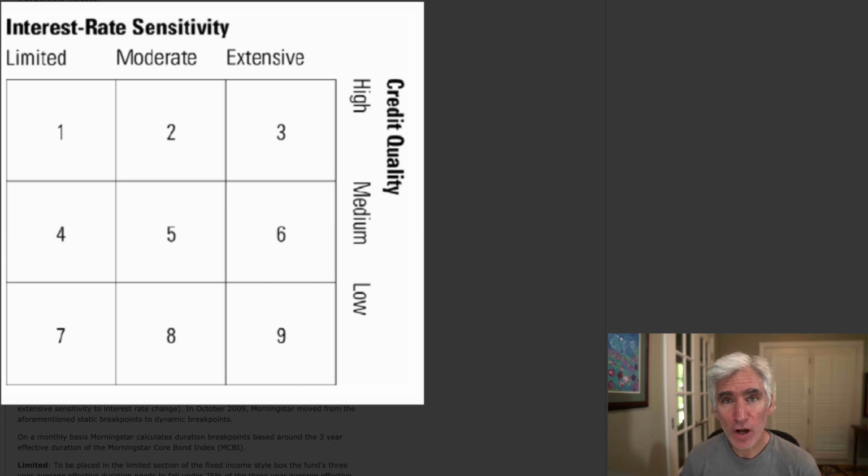Now, the columns talk about interest rate sensitivity, and this is a very important and in the end, I think a very easy concept to understand, but it can be a little tricky at first. So here's the deal. The value of an existing bond will fluctuate as interest rates change. And that seems kind of odd. You think to yourself, wait a minute, if I buy a bond, let's say it's a Treasury bond and it's paying 2%.